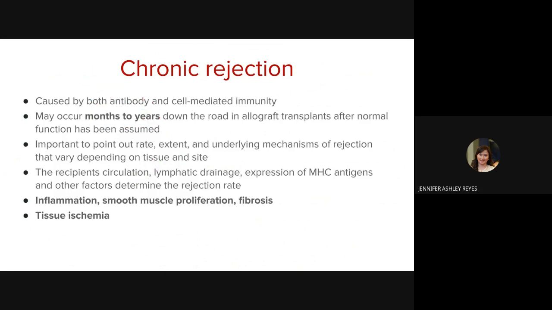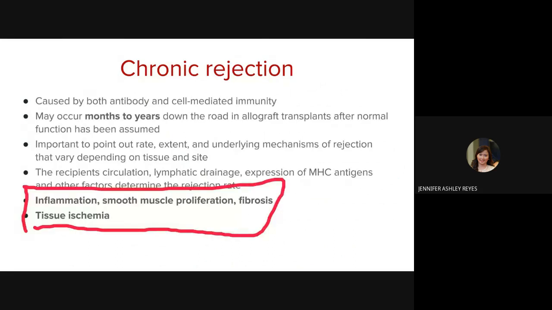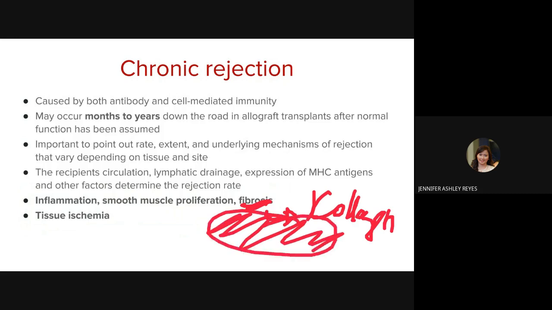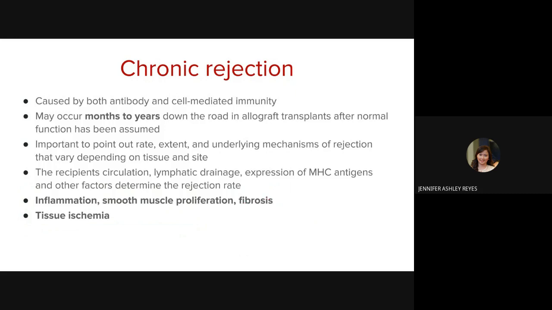So, ang endpoint nito, inflammation, smooth muscle proliferation, fibrosis, and tissue ischemia. So, pag nagkaroon tayo ng fibrosis, meaning yung ating fibroblast nagre-release ng or nag-create ng collagen fibers, rendering that organ unable to function and unable to receive blood supply.